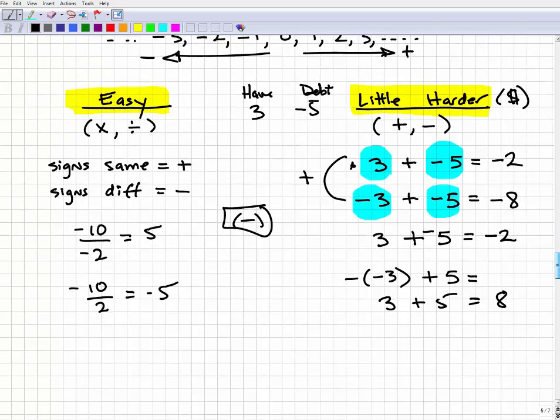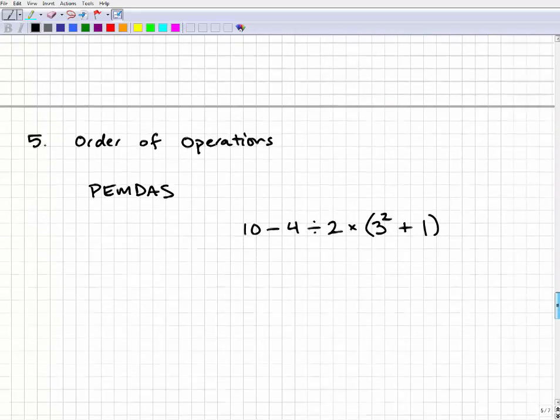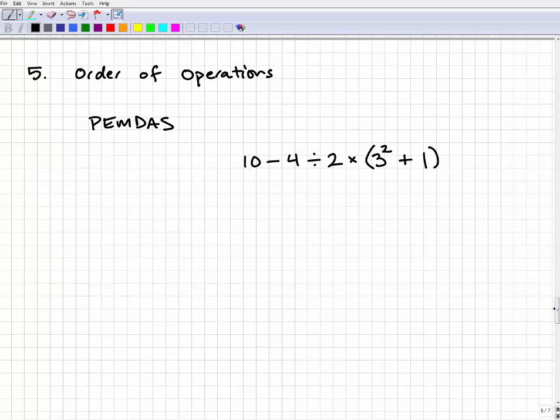All right, so let's move forward to the order of operations. We're almost finishing up, and let's talk about this. Okay, order of operations. Now, remember we talked about what operations are. Those are addition, subtraction, multiplication, division, powers, all that kind of good stuff.